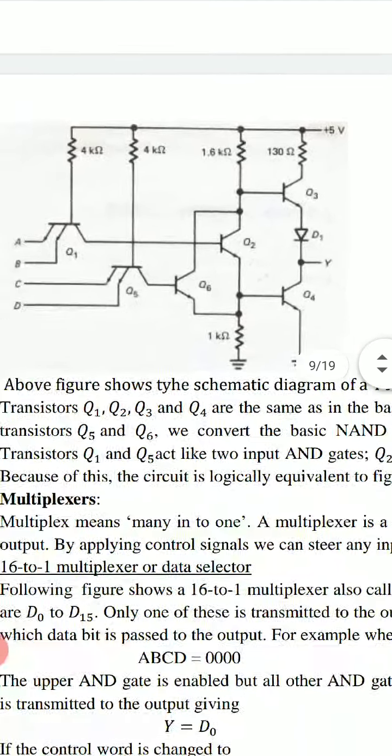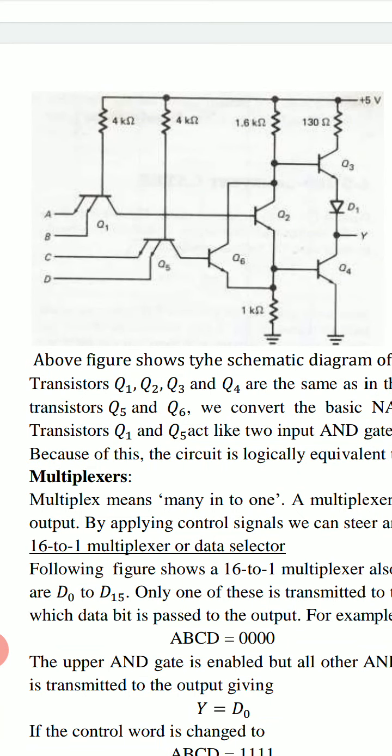This is the TTL circuit for AND OR invert gate. There are 4 inputs, AB and CD. 2 emitters of transistor Q1 with 4 kilo ohm resistance behave as an AND gate, so it will produce an output AB. Similarly, 2 inputs CD are applied to another transistor Q5.